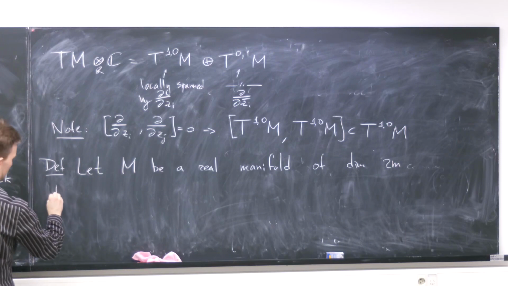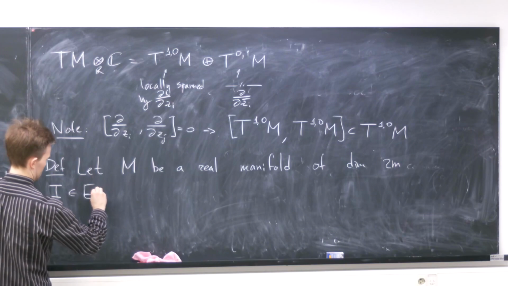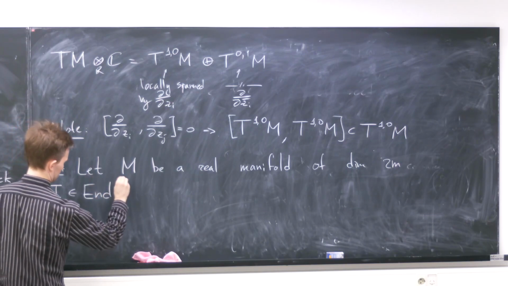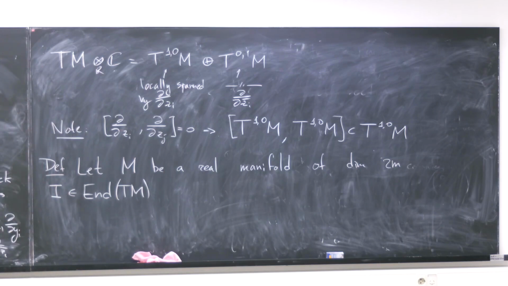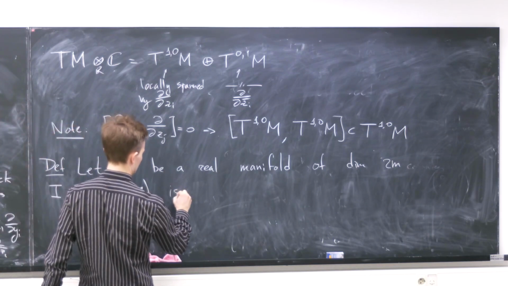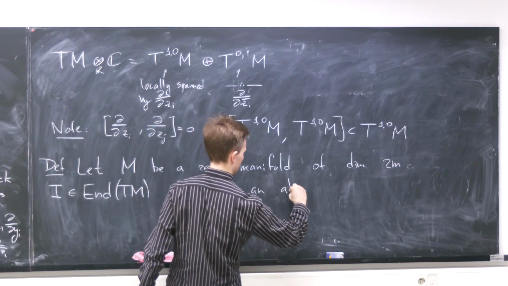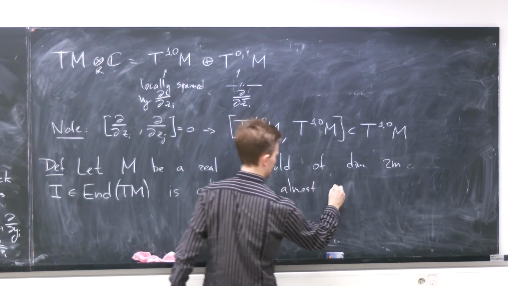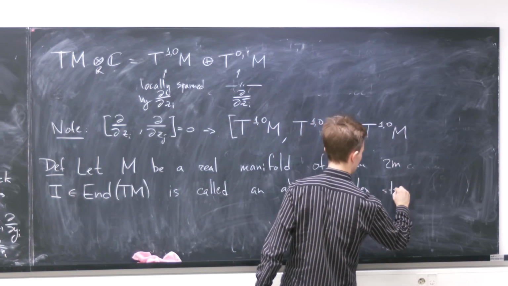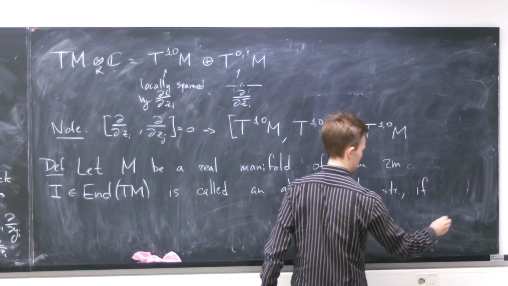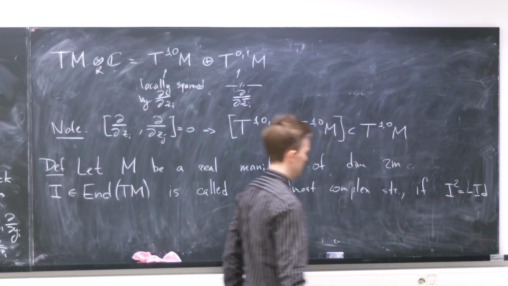Then I, which is an endomorphism of the tangent bundle, is called an almost complex structure if I squared is equal to minus the identity.